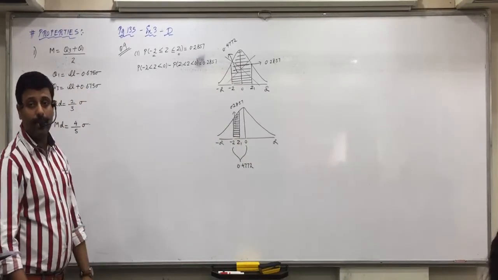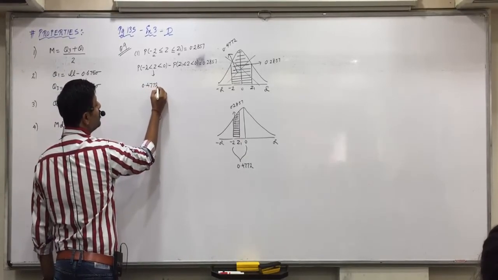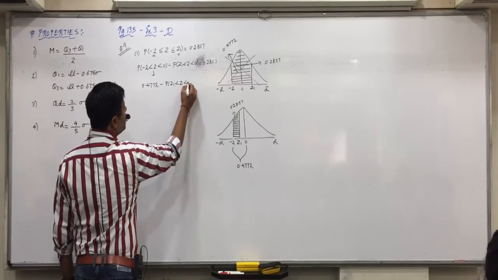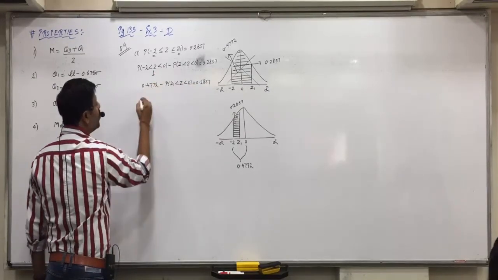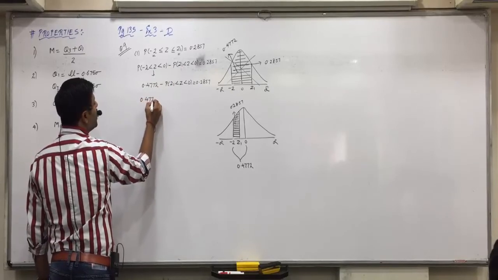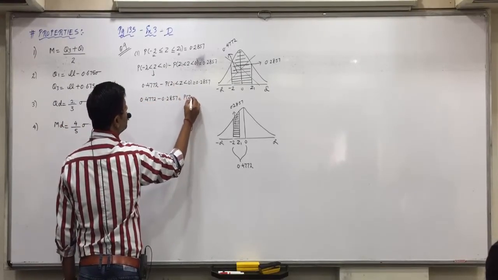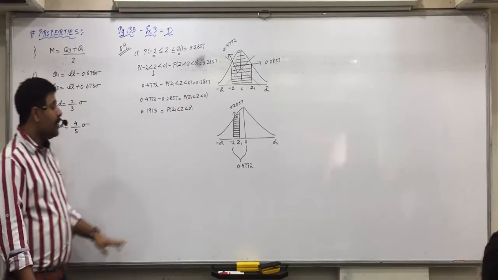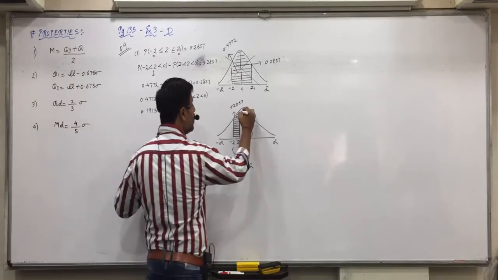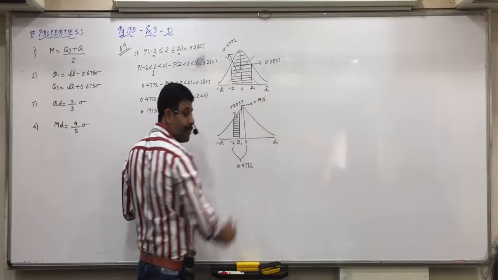Now here which value do we know? Minus 2 to 0 we know is 0.4772. P of z1 less than z less than 0 is 0.2857. Bring 2857 on the left side, it becomes minus; P on the right side becomes plus 1915. Be attentive. From z1 to 0, this area is 1915.